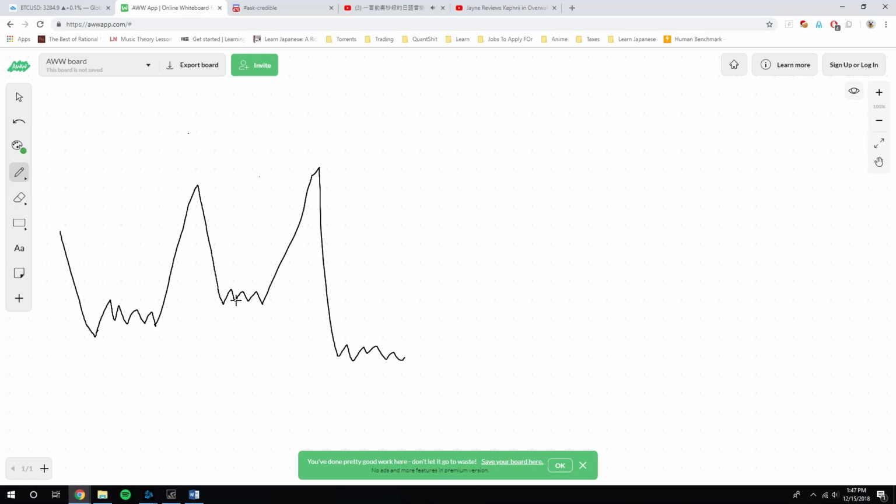And let's say you bought over here at this support level because you saw that there was support, and you decided to buy because it was nearing the support level.